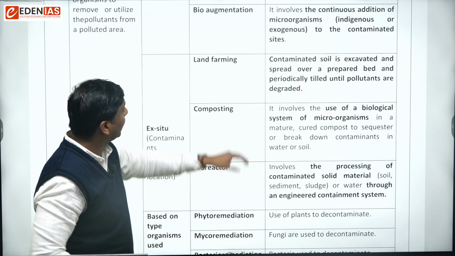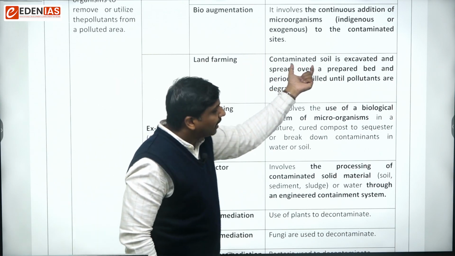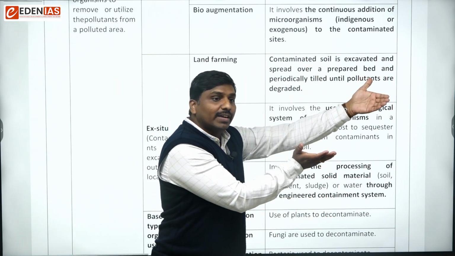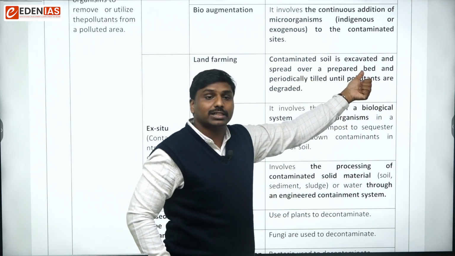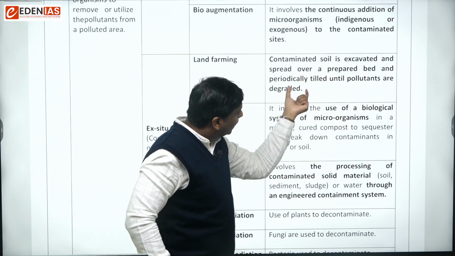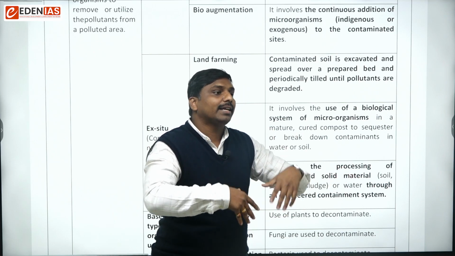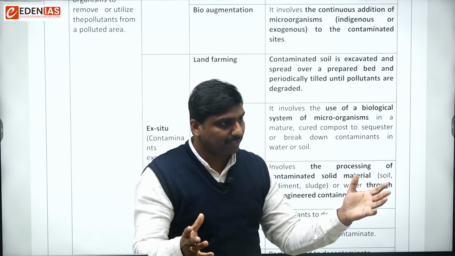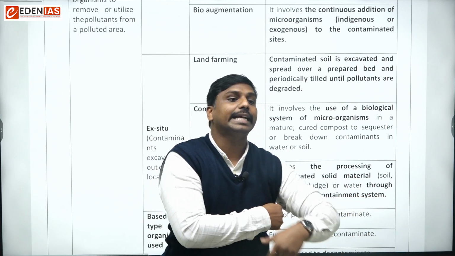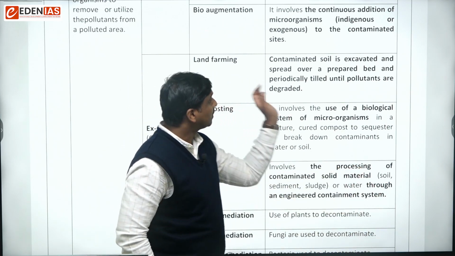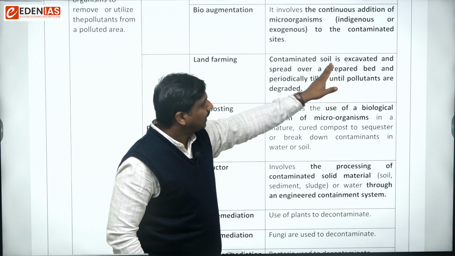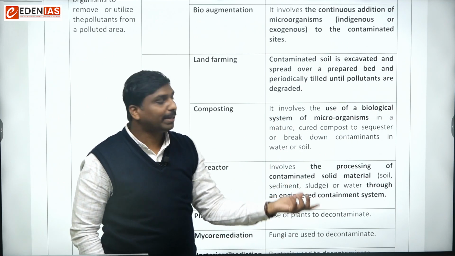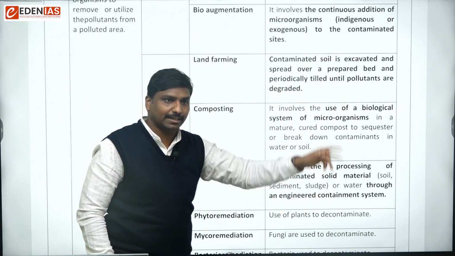In land farming, the contaminated soil would be excavated, removed, taken somewhere else, and spread over a bed, and it would be periodically tilled, so that due to exposure to sunlight and other things, the pollutants slowly get decontaminated. So we are excavating the land and decontaminating it somewhere else by periodic tilling. Tilling means plowing.